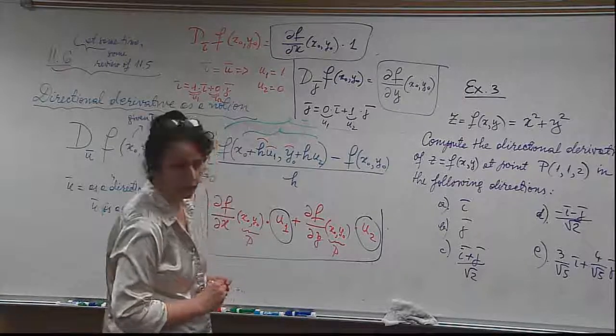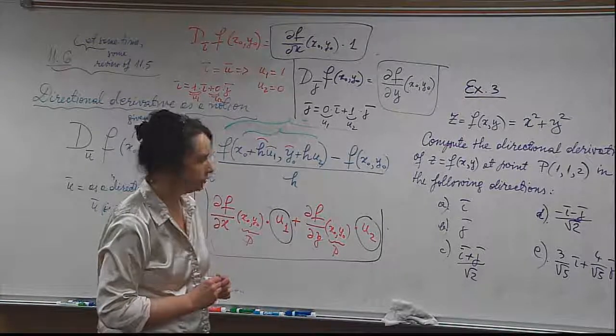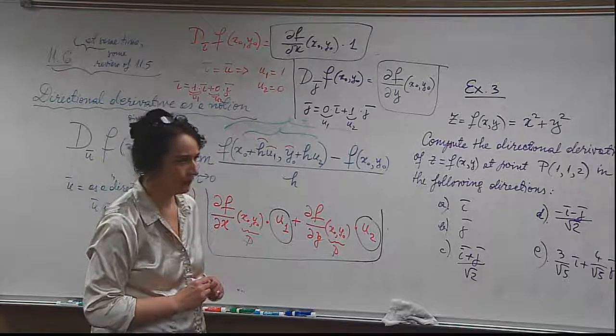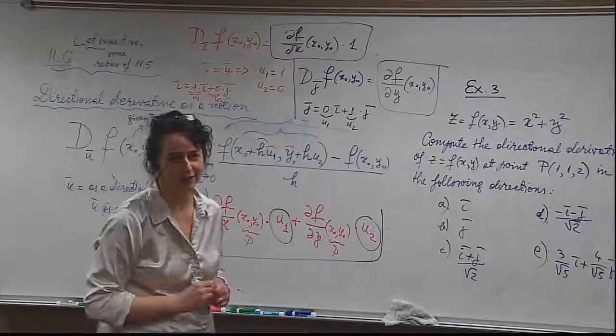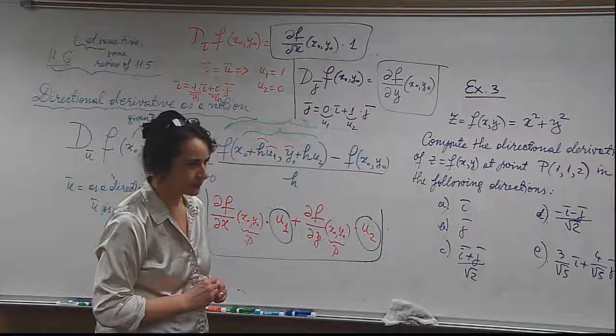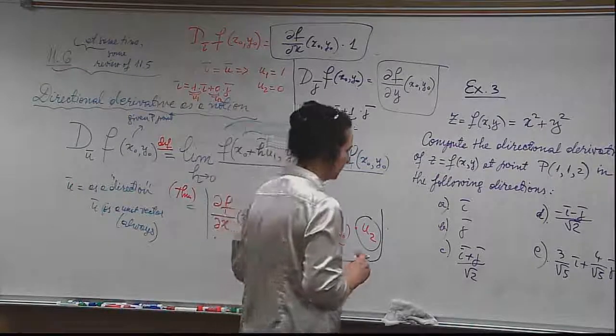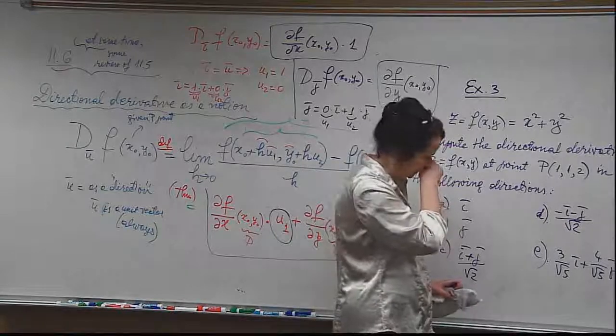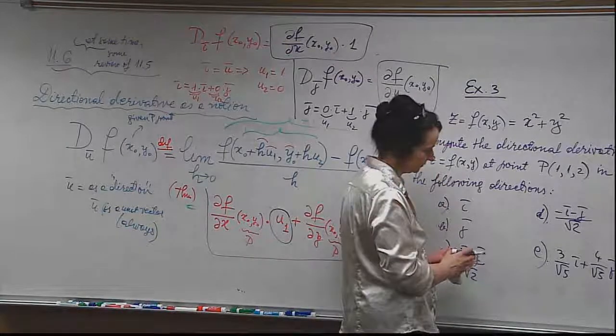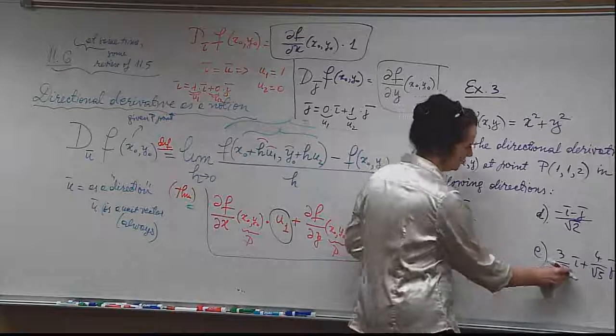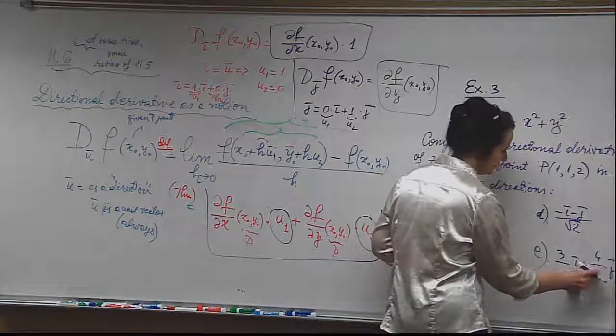Yeah, it is a unit vector. Why is that a unit vector? No, it's not. And how do I make it a unit vector? I have to multiply by square root of 5. I have to take the 3, it has to be 1. The second one has to be 1 on the top to make it a unit vector.